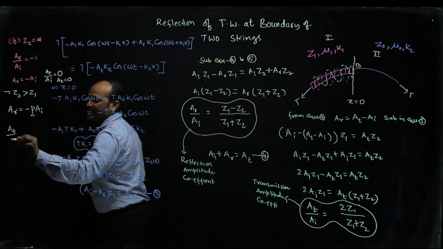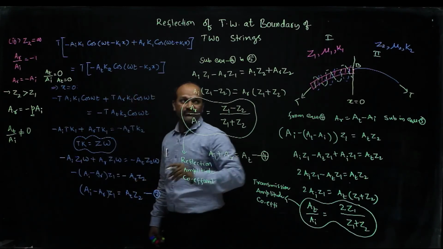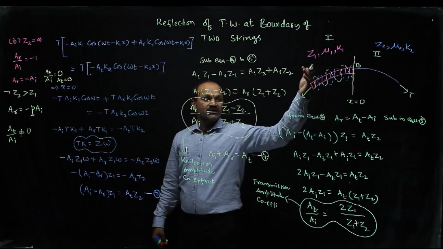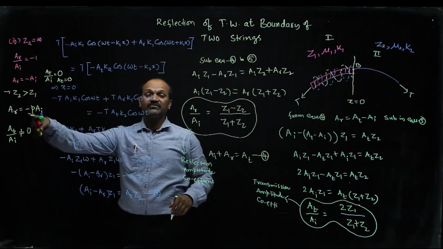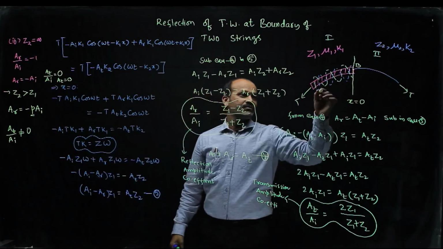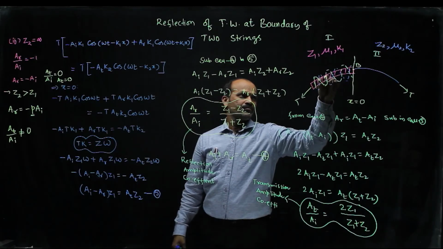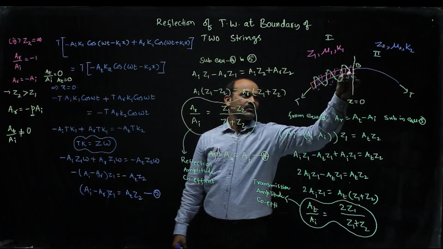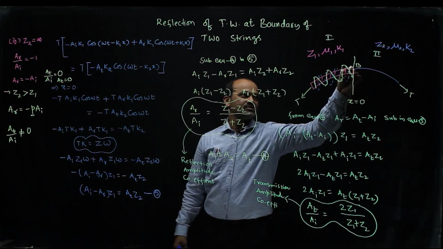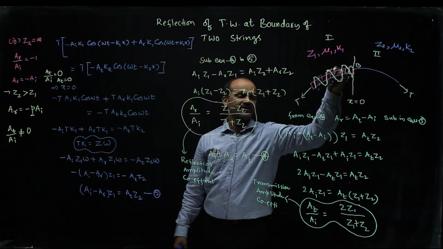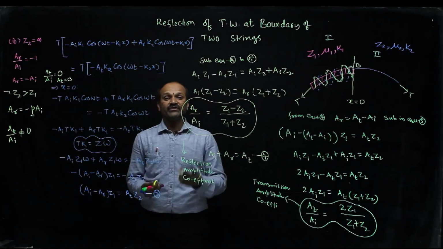AT by AI has some value, it cannot become 0, which means some wave is transmitted, some part of the wave is reflected back, but reflecting back with a phase change. If the incident wave is this, so the reflected wave has some phase change. In that manner we can draw it. So it is reflecting with a change of phase.